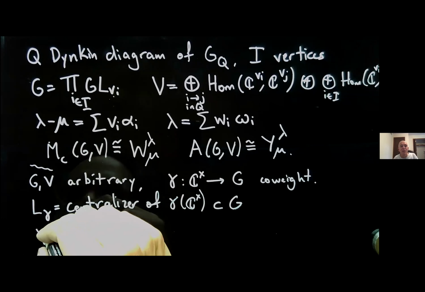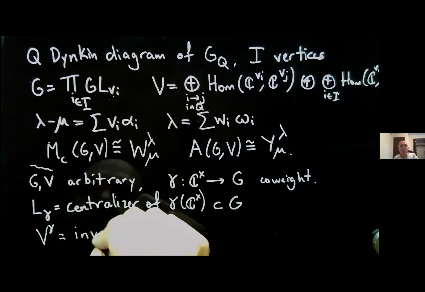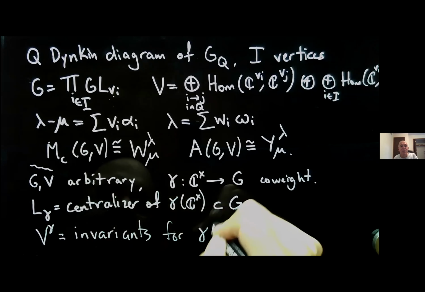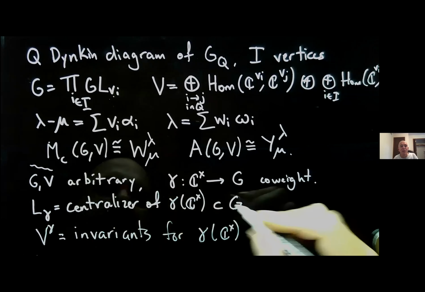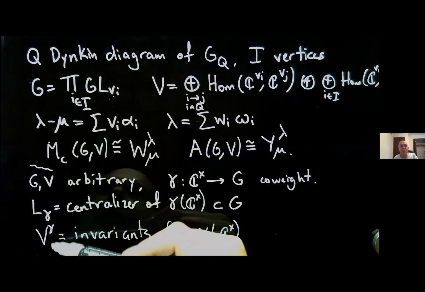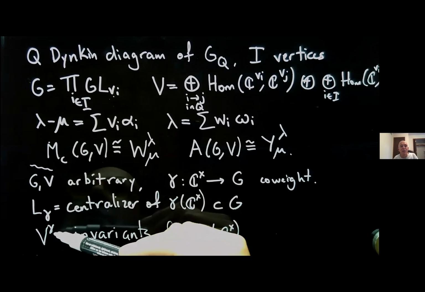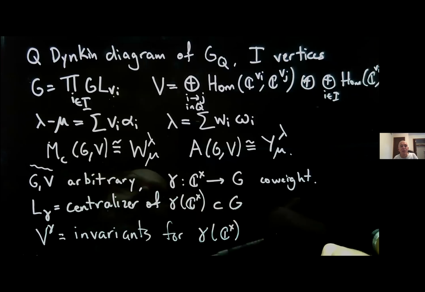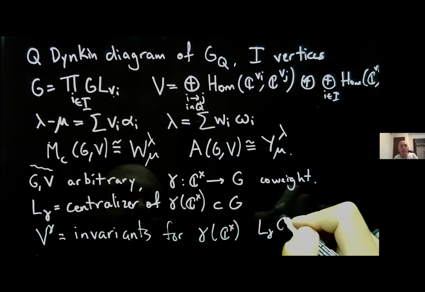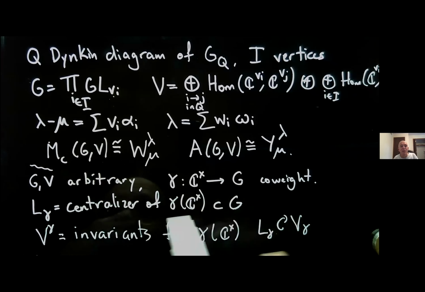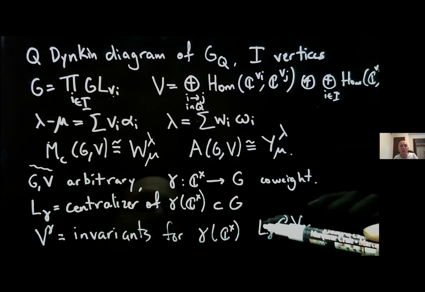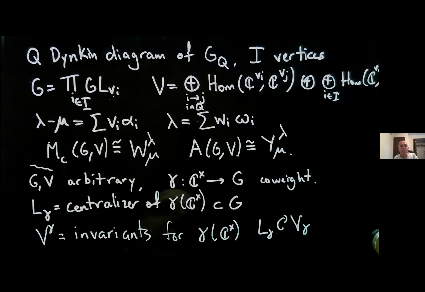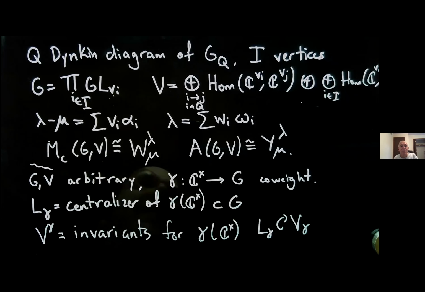So V^γ will just be the invariants in the representation for this action of C star: G acts on the representation, and via γ, C star acts on the representation, and I take its invariants. And now, because L_γ centralizes the image of γ, L_γ will act on V^γ. So I'm going to be interested in relating the Coulomb branch for (G, V) and the Coulomb branch for (L_γ, V^γ). And they have a slightly complicated relationship, but one that can be studied.